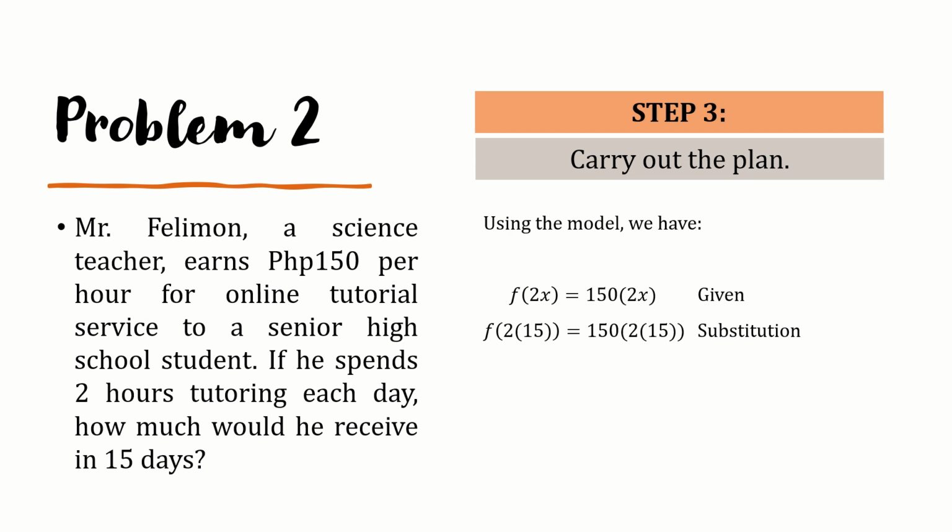And 2 multiplied to 15 is equal to 30. And we further simplified it. 150 multiplied to 30 is 4,500.